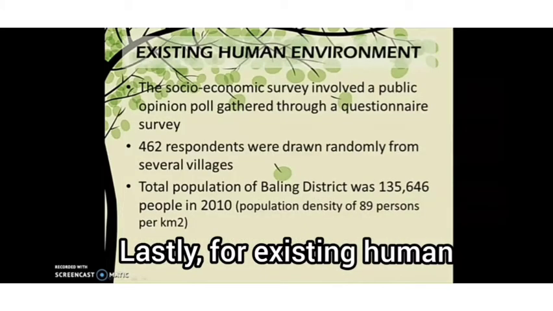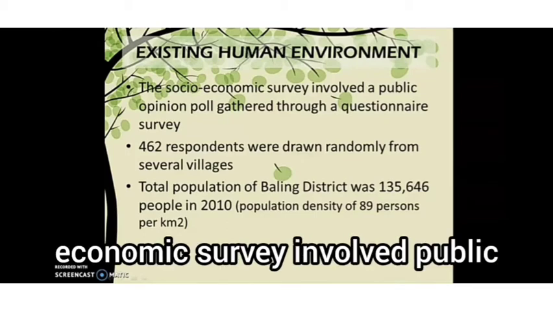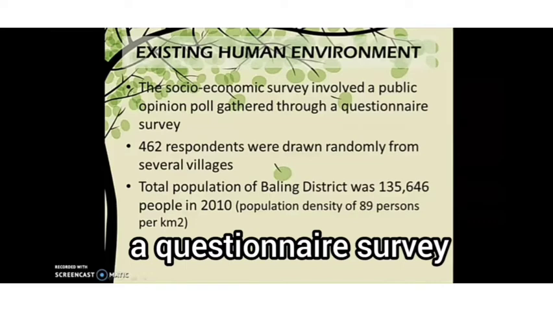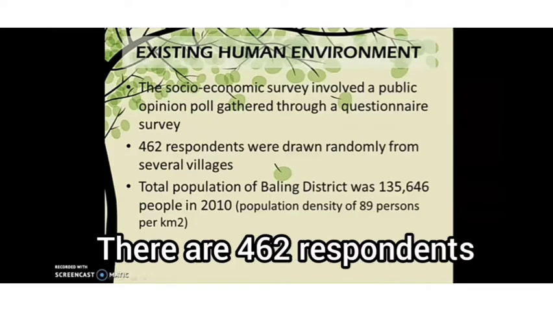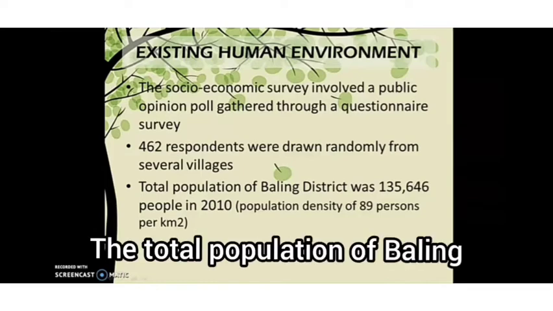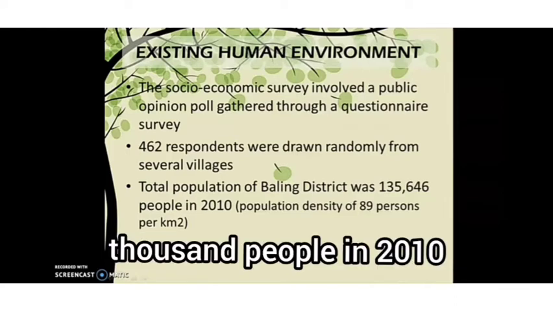And lastly, for the existing human environment, the socio-economic survey involved a public opinion poll gathered through a questionnaire survey. There were 462 respondents drawn randomly from several villages. The total population of Baling district was over 100,000 people in 2010.